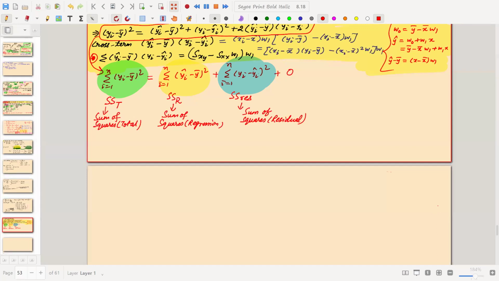So now you know the relation that sum of squares total is equal to sum of squares regression plus sum of squares residual.